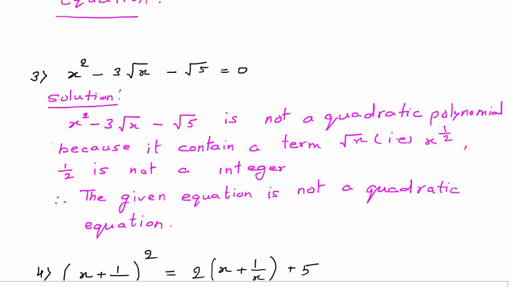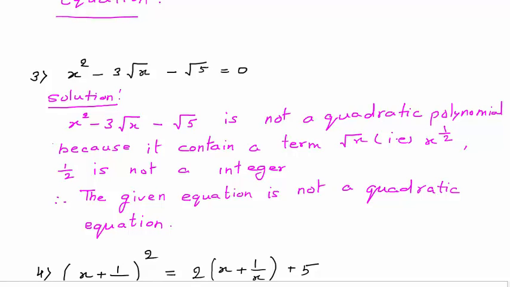Here we have one root x term, that is, x has power 1 by 2, which is not an integer. So x square minus 3 root x minus root 5 is also not a quadratic polynomial, and hence the given equation is not a quadratic equation.